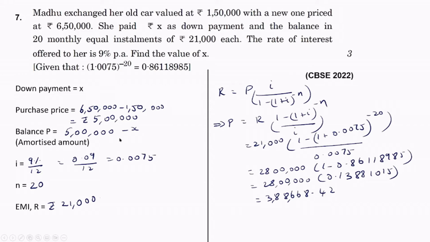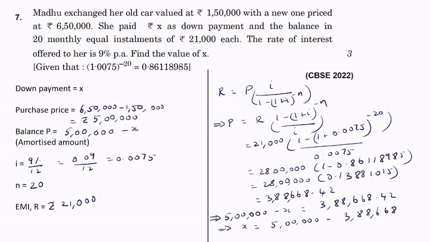We have P as 5 lakh minus X. So from this we can find X. This implies 5 lakh minus X equals 3,88,668.42. From this we have X equal to 5 lakh minus 3,88,668.42, which is 1,11,331.58.